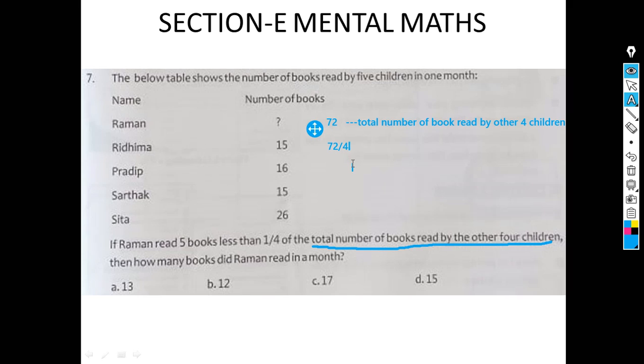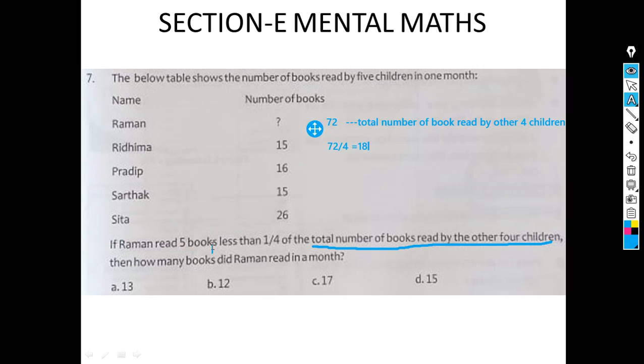If we divide 72, the total number of books read by the other 4 children, by 4, we get 18. So 18 is the 1/4 of 72, which is what is asked in the question.